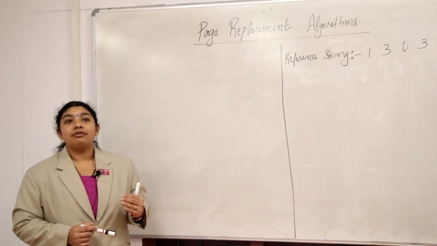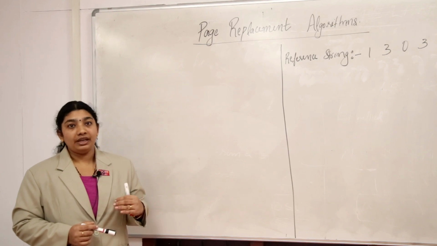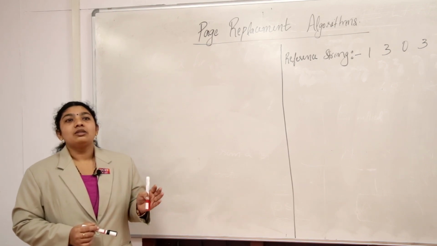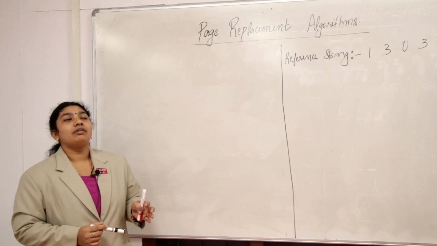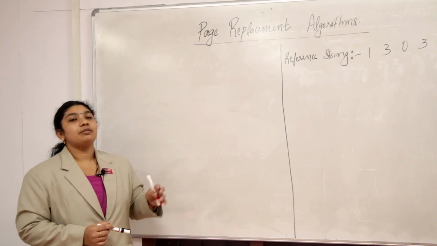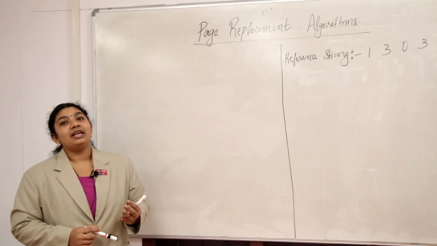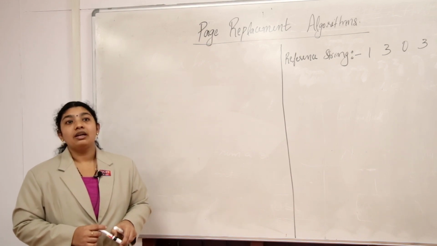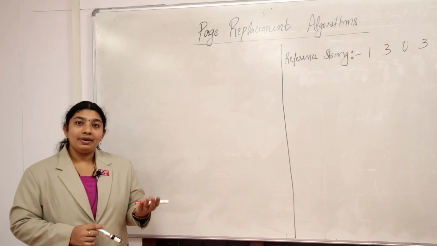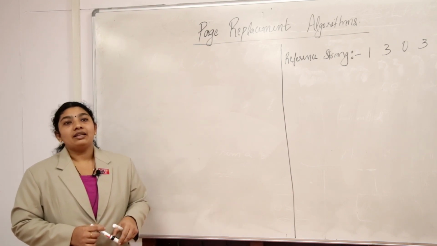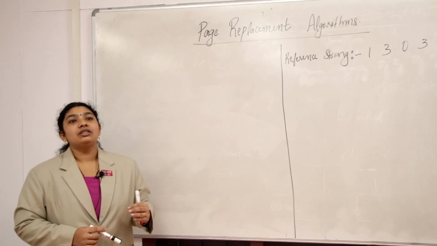Some pages should be removed using some criteria, and these criteria are given by different replacement algorithms. The page removed from the physical memory is called a victim page, which is swapped out to the virtual memory, and in its place the requested page is loaded.